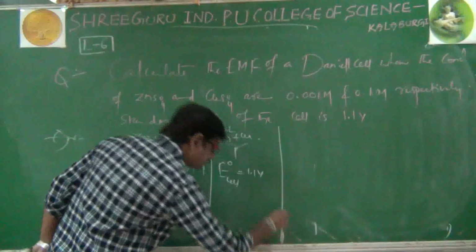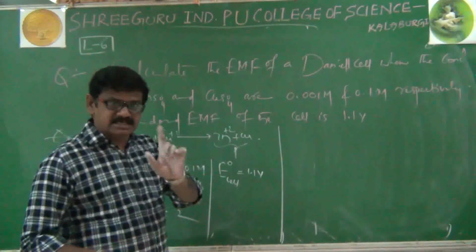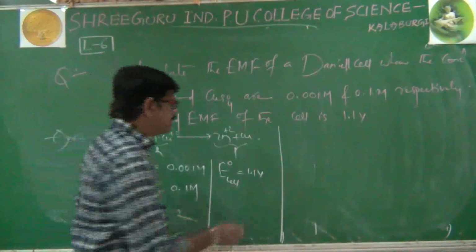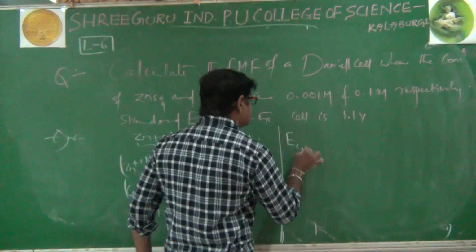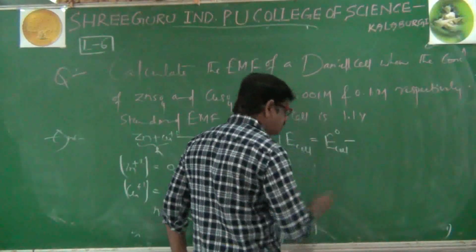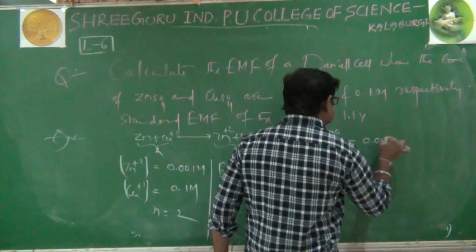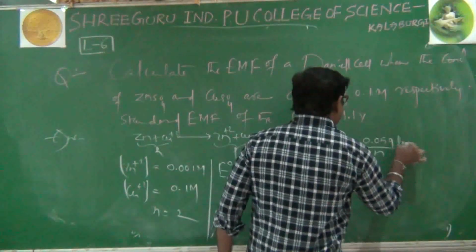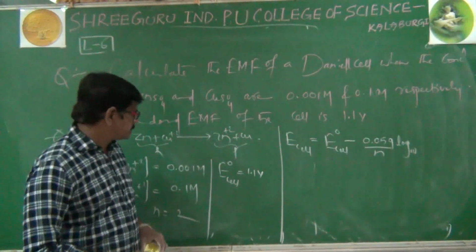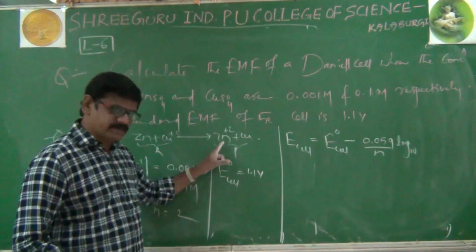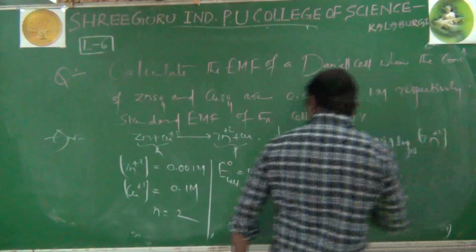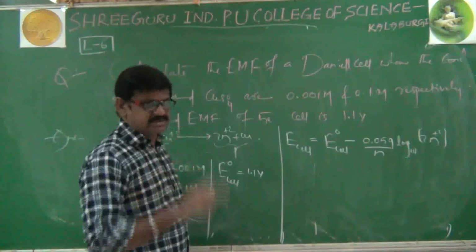Now we'll write the Nernst equation for cell potential, not for single electrode potential. Remember, cell potential means E cell is equal to E0 cell minus 0.059 by n log base 10 product concentration divided by reactant concentration. Product means Zn plus 2 concentration as well as copper metal concentration also.